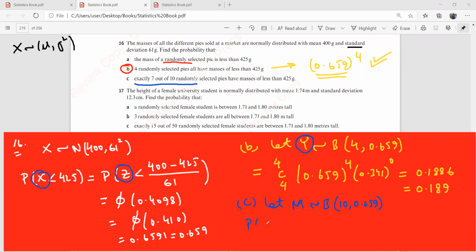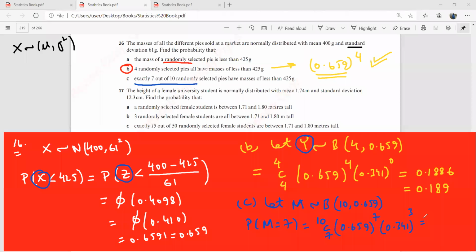So he's asking for the probability M is equal to 7. This is going to be 10C7 times 0.659 raised to power 7, times 0.341 raised to power 3.